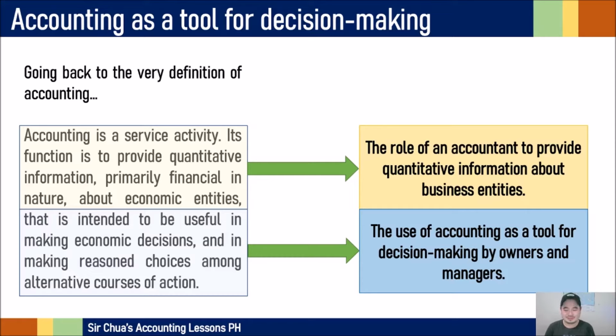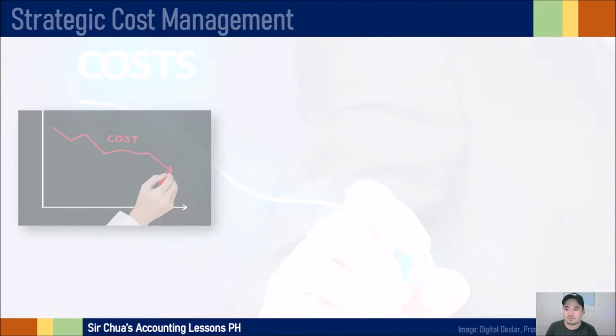Okay, so again, as future aspiring management accountants, you should be able to provide proper information to the owners and managers of the entity so that it will be helpful in decision making, because the decisions that will be made by the entity will affect the entity at large. Okay, so you need to be wary of that.